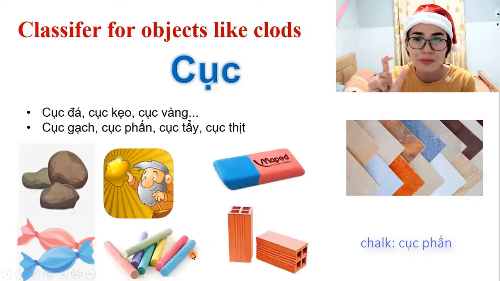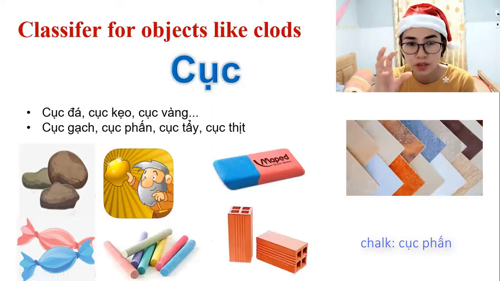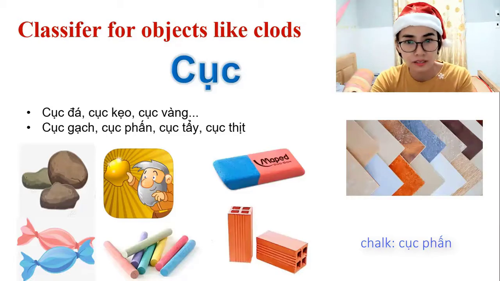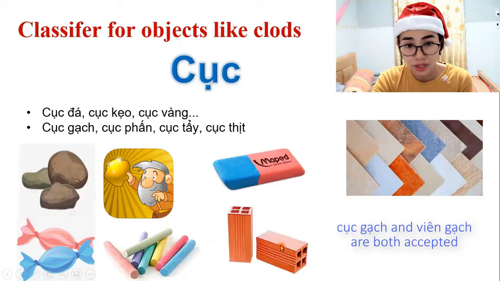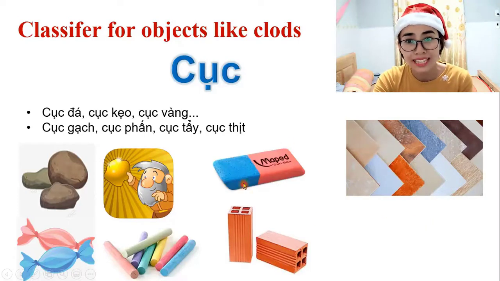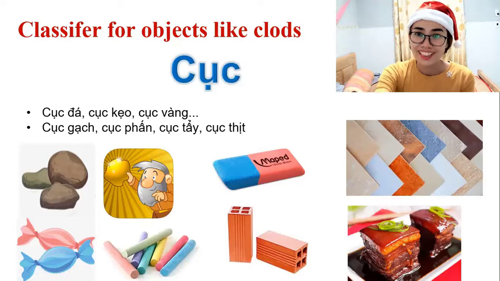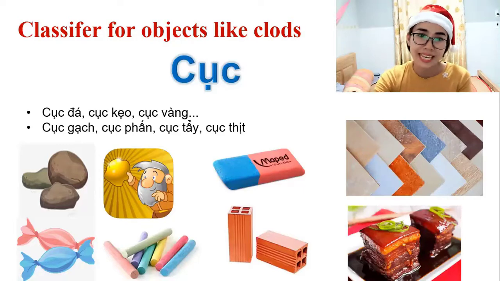Cục phấn is small, and if it's broken, it's not like a cylinder shape, it's just like a lump. So cục phấn. Cục gạch is also used here, the same as viên gạch. Cục gạch, viên gạch. You can use both cục and viên. Also cục tẩy, an eraser, small. And this one, cục thịt, meat.